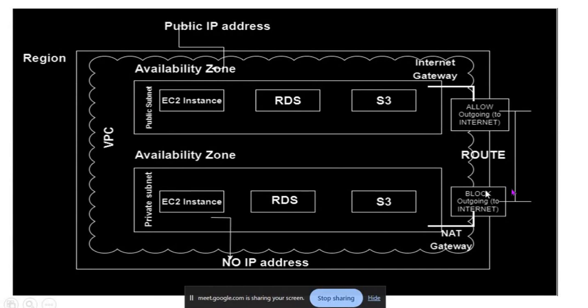While here, without the NAT, you will not be able to connect to the internet. So the route just blocks you from connecting to the internet. And in the public subnet, there is a public IP address available that can be used to connect to the internet, and it's not available in the private subnet.